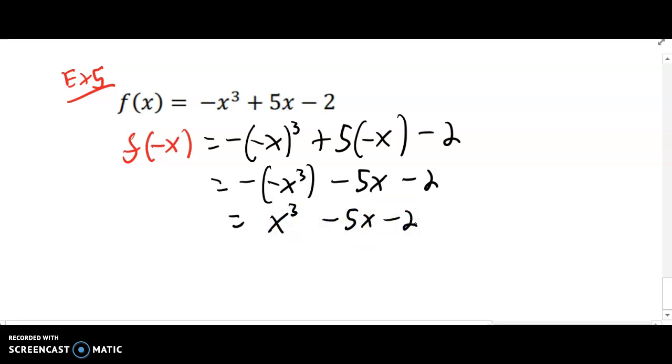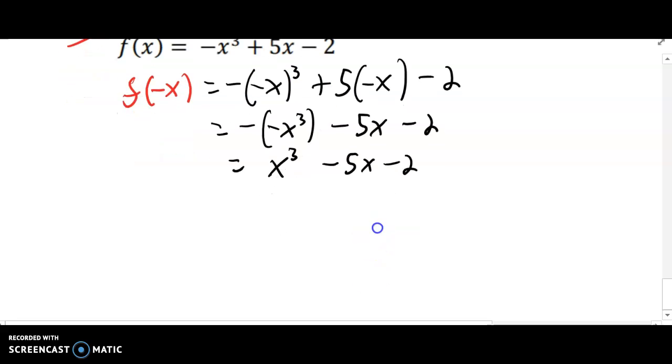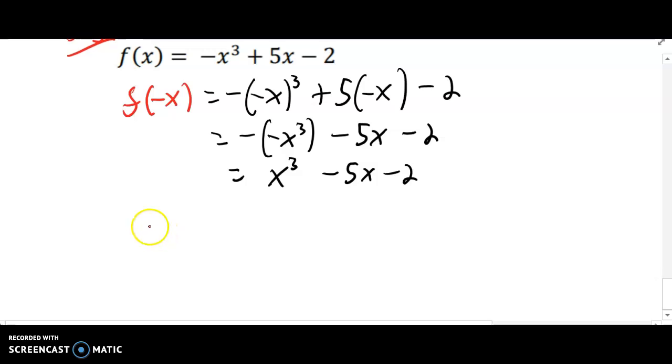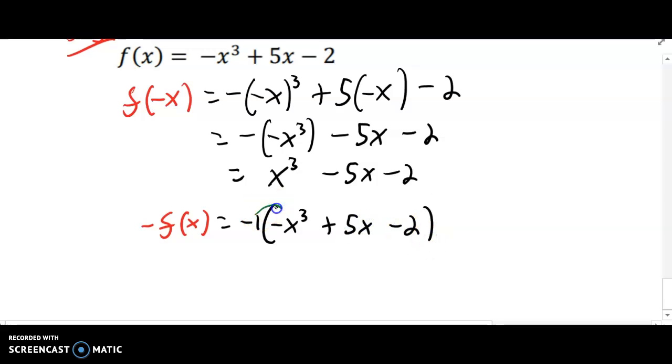Alright, let's see. So this is not the same as the original, so it's definitely not even. Let's test if it's maybe odd. We're going to put a negative 1 on the outside of the original problem and distribute. So this becomes positive x cubed minus 5x plus 2.